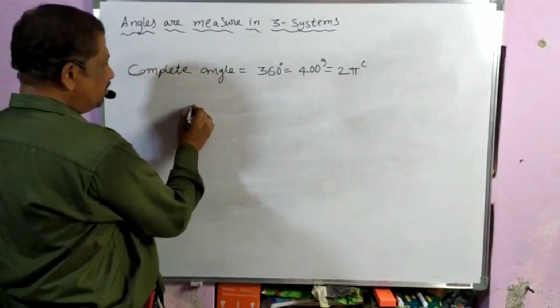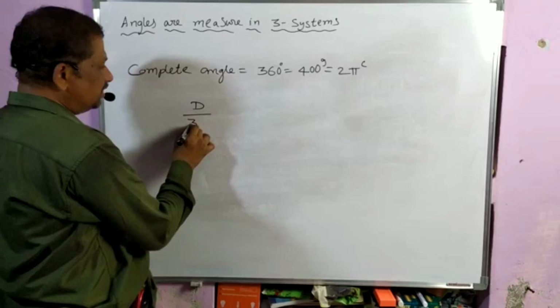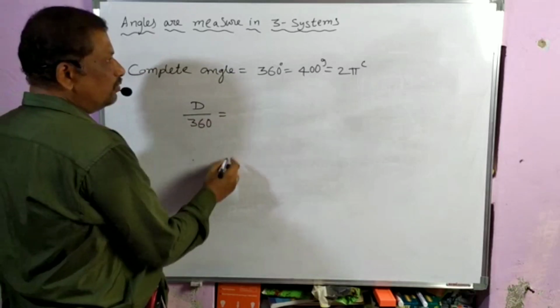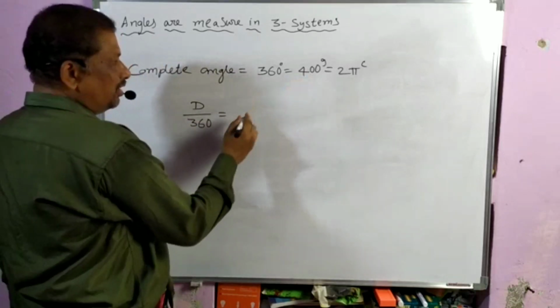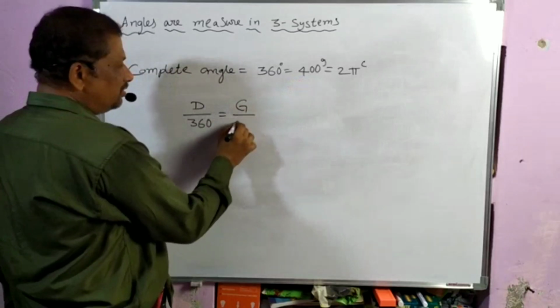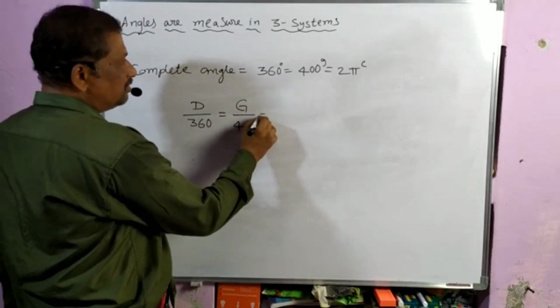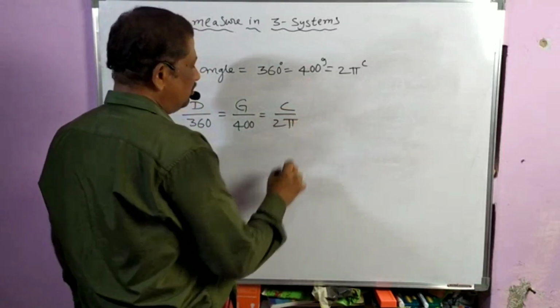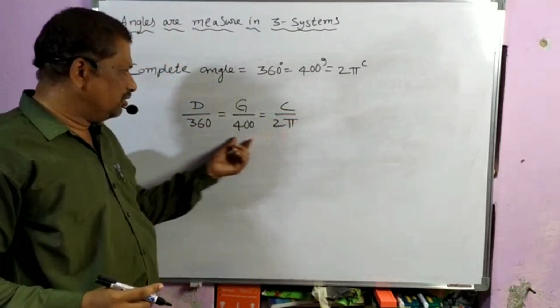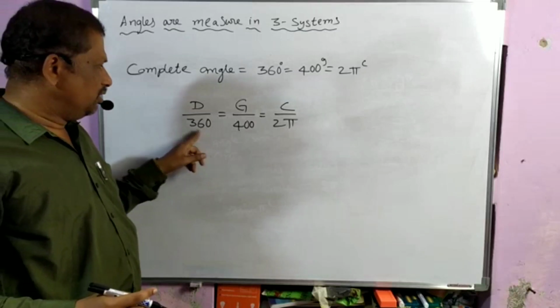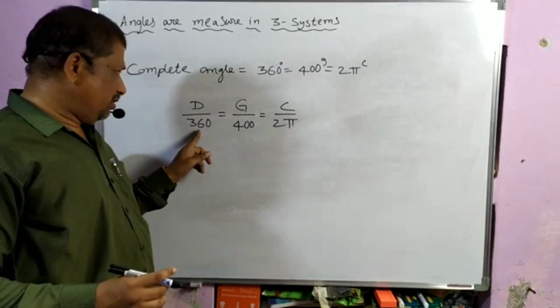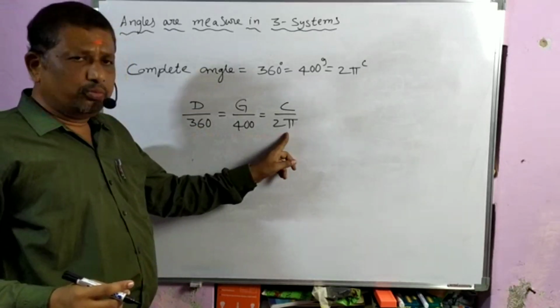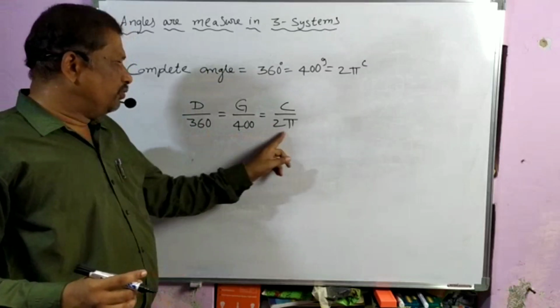Degrees we denote by D: D by 360 degrees is equal to G by 400 grades, which is equal to C by 2 pi radians. Here, if we divide 360, 400 and 2 pi by 2, we get 180.